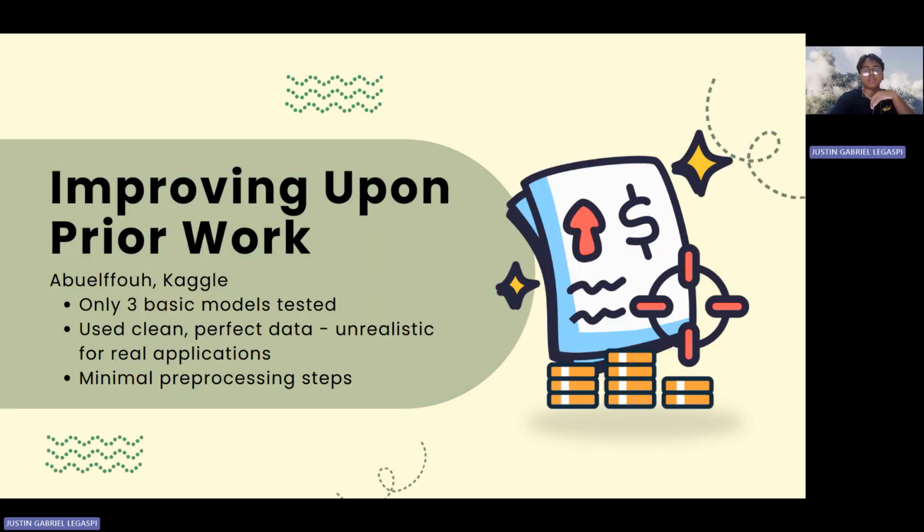So the base reference for this project is a project by Abuelov on Kaggle. The main improvements that we've worked on are that he only has three basic models tested, used clean, perfect data, which is unrealistic, of course, and did little to nothing in pre-processing steps.